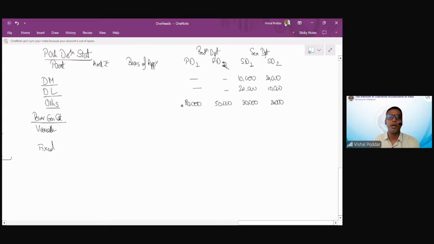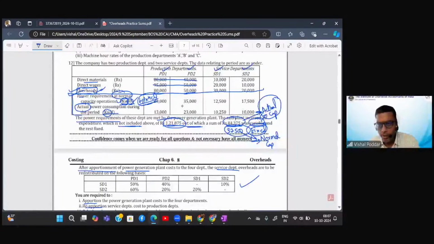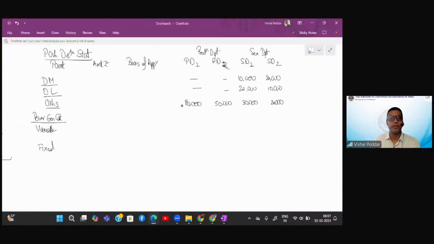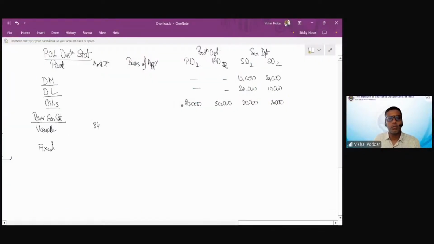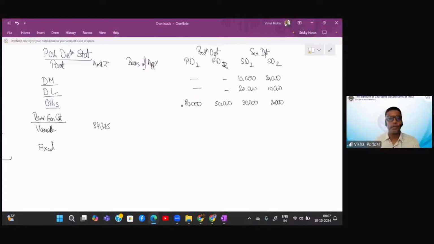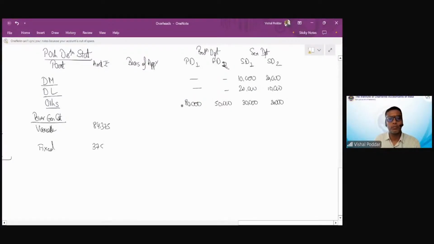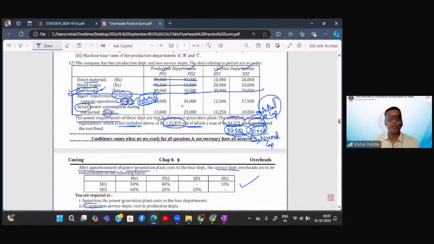Now, for power generation cost, we take the variable component. Variable was 84,375. And the fixed component was 37,500. For variable, we will take the actual kWh, and for fixed, we will take the normal kWh ratio. That will be your basis. So what is the actual kWh?